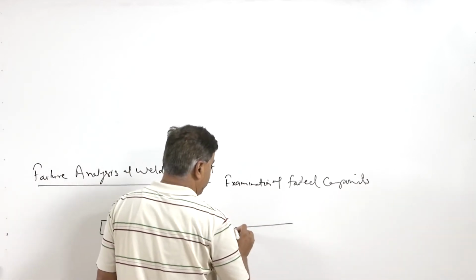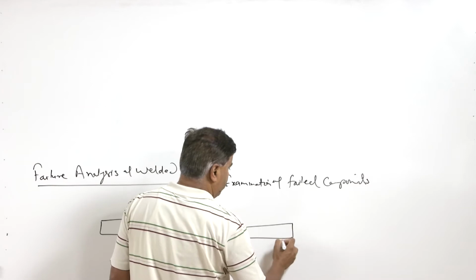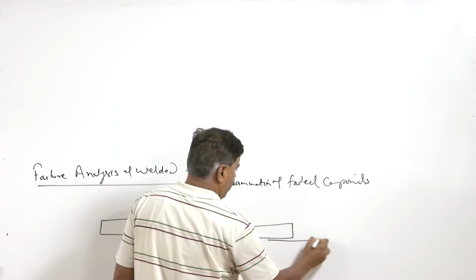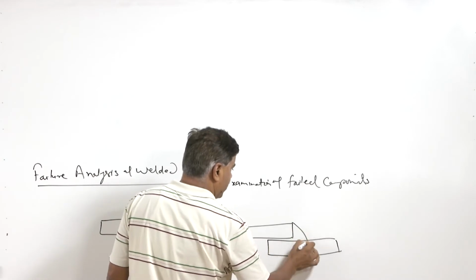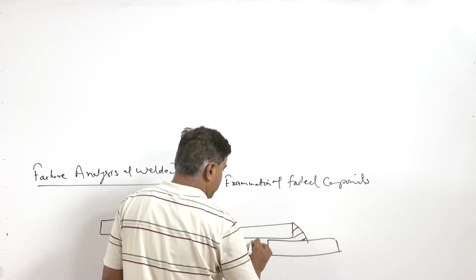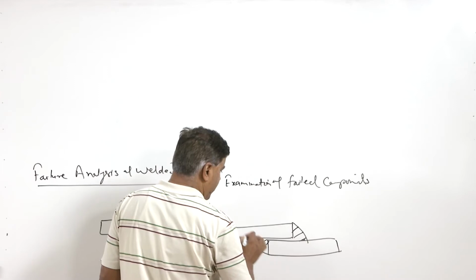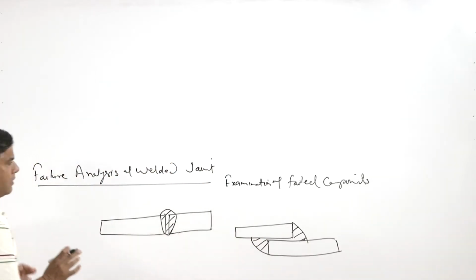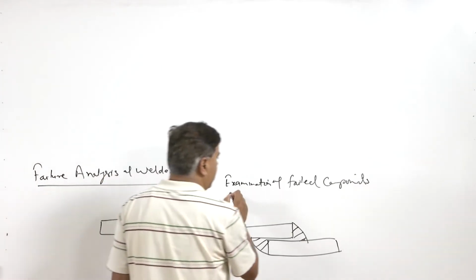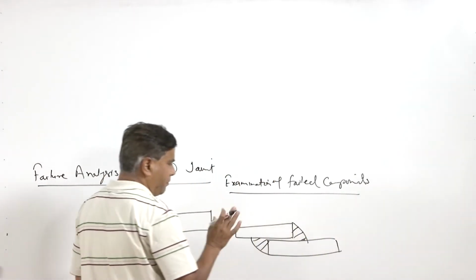Similarly there can be a lap joint like this. So as per the kind of weld joint which has failed, we need to examine the component which has failed from the weld joint.